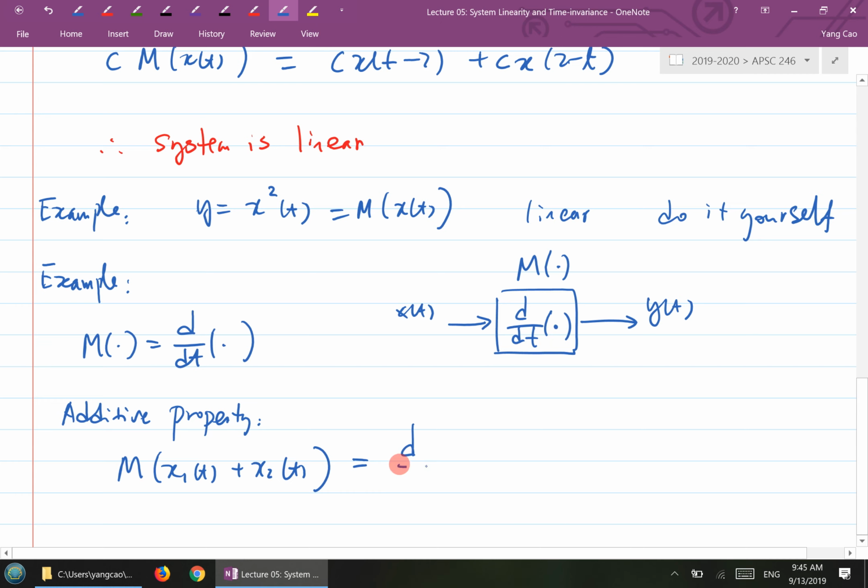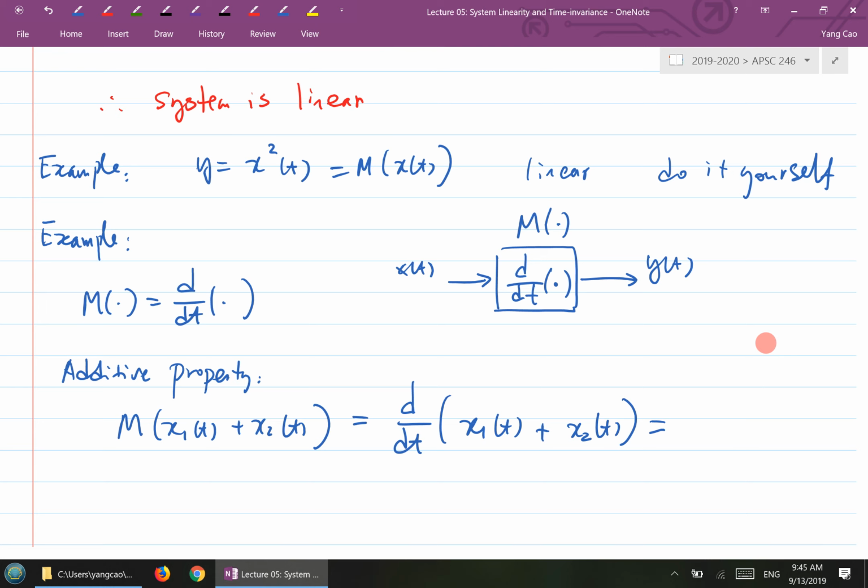So the operator will operate on this new input, which is x1 of t plus x2 of t. One of the properties of a differential operator, when you're operating on a bracket which has multiple terms in it, is that you can just expand it as it is, like multiplication.